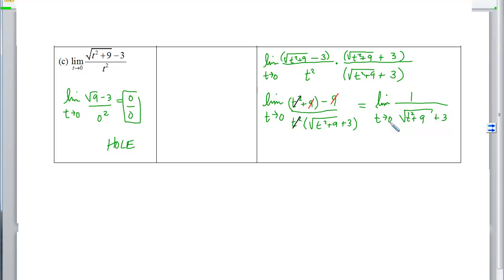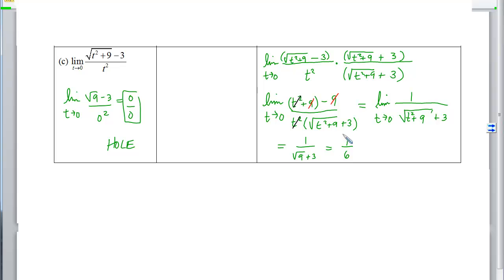So if I now compute my limit by doing direct substitution, which I can do because I've eliminated that division by 0 that was causing me grief at the beginning, I will get a 1 over root 9 plus a 3, which will give me a 1 over 3 plus 3, or 6.